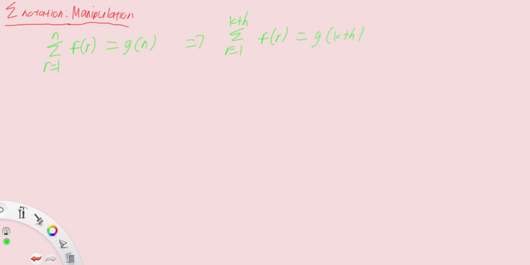Now, if we have a summation from r equals to 1 to n of f of r, and you want to convert to a formula with r plus 1, we will basically do the opposite. If the variable increases by 1, the limits would decrease by 1.